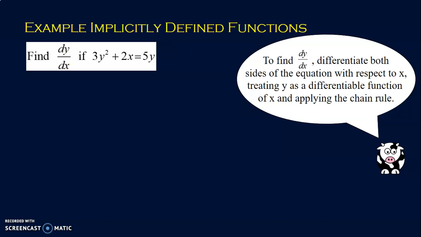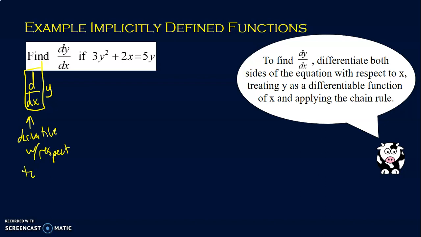So if I want to find dy dx, if 3y squared plus 2x equals 5y, I use all the same rules as before, I just don't worry about solving for y first. So dy dx means we're taking the derivative with respect to x of y. That's what this means. So the d dx is the derivative with respect to y.